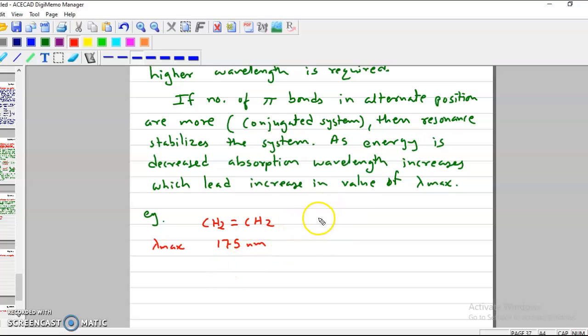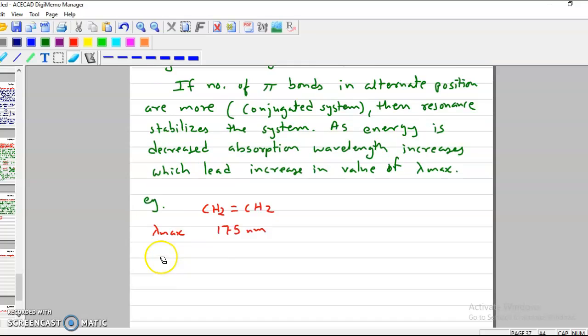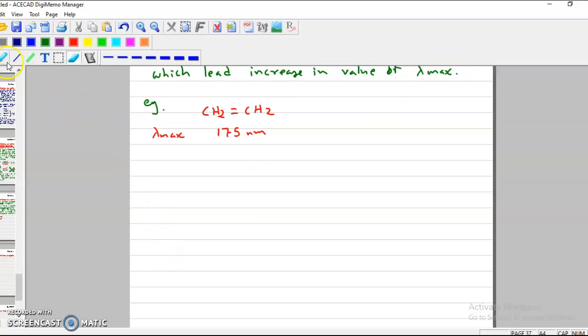But if there is conjugation in pi bonding, for example 1,3-butadiene, there are two alternate pi bonds, and here we have a diene system.